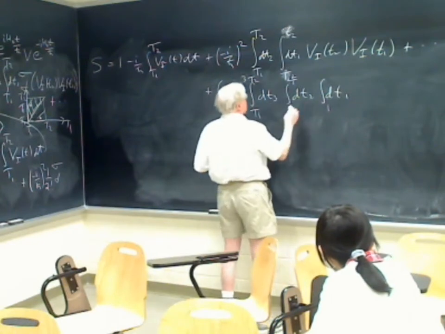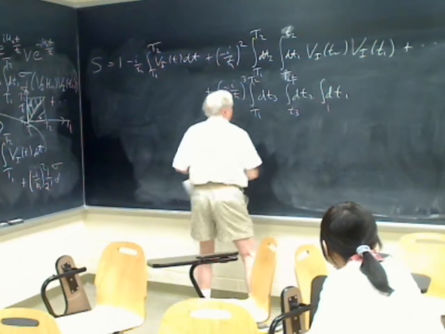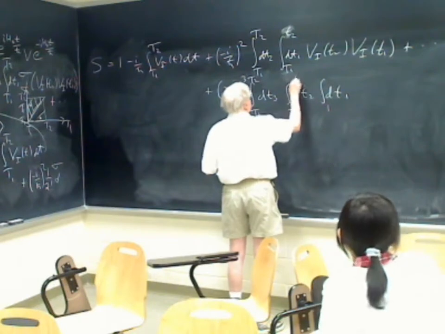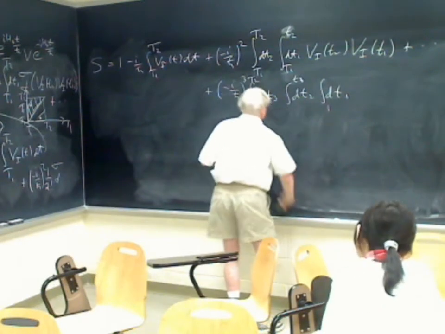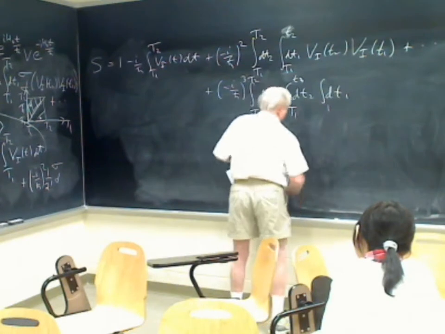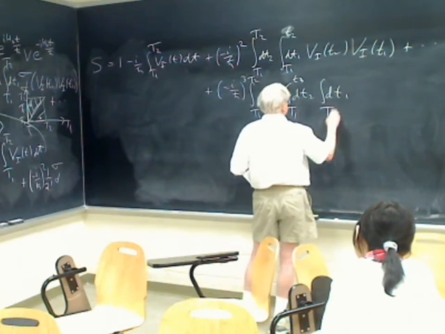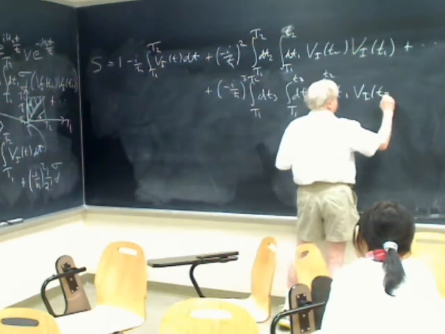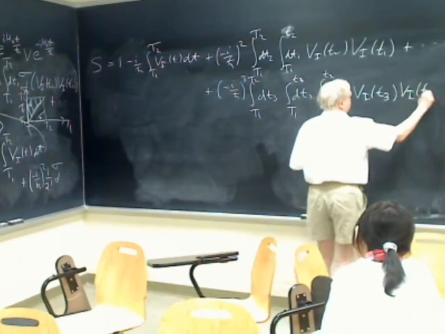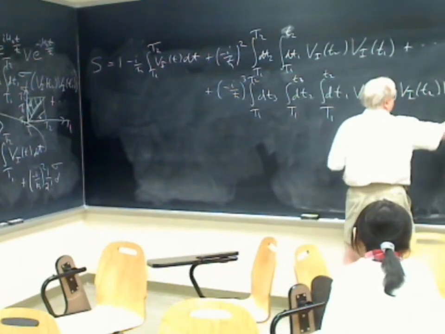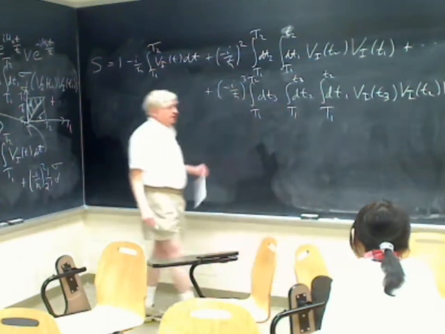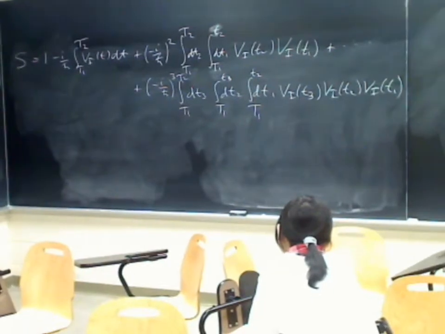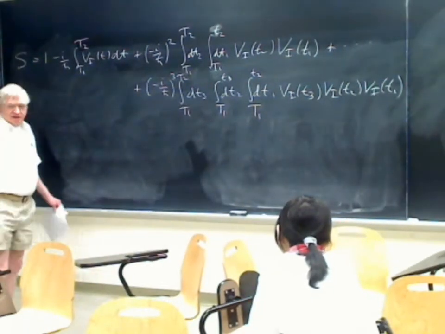And this one should be, so this is T1, and this one is going to be T3, and this is T1. This is T1, this one is T2. VI, T3, VI, T2, VI, T1. Okay, well we've got the idea here.